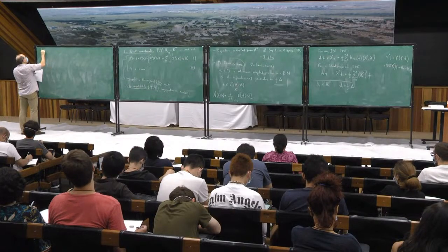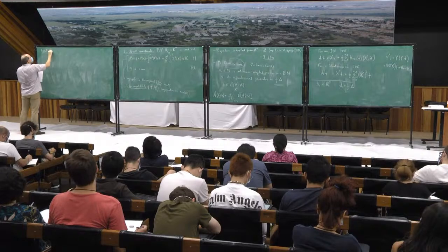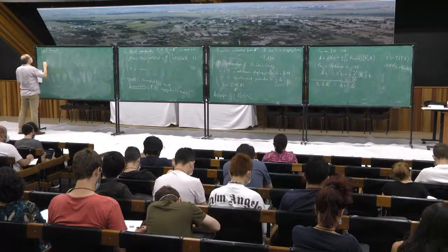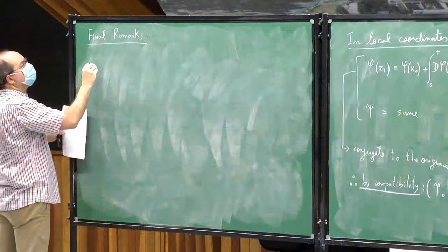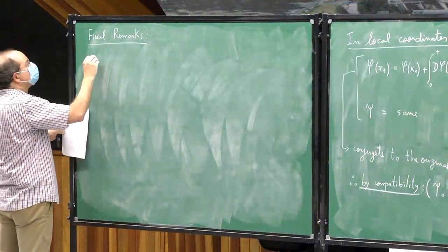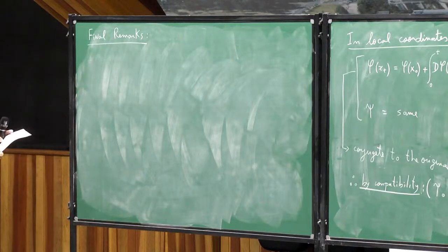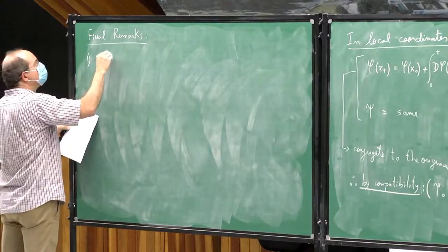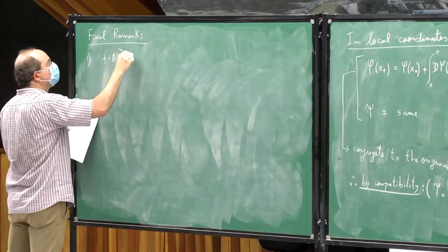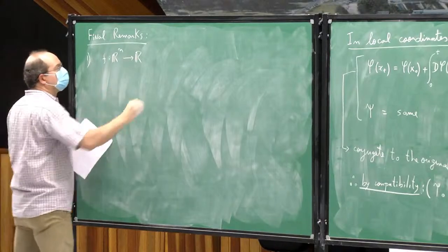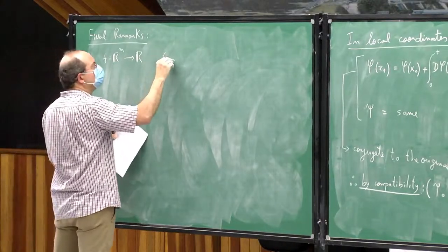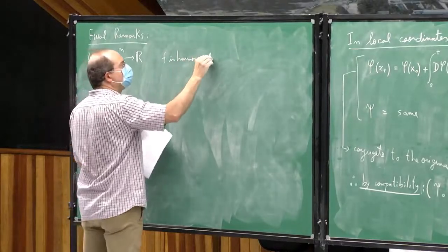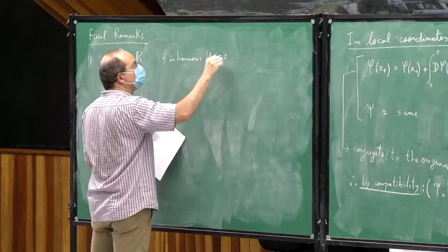So, final remarks. Take f from R^n to R. So f is harmonic, I mean the Laplacian of f equals 0.